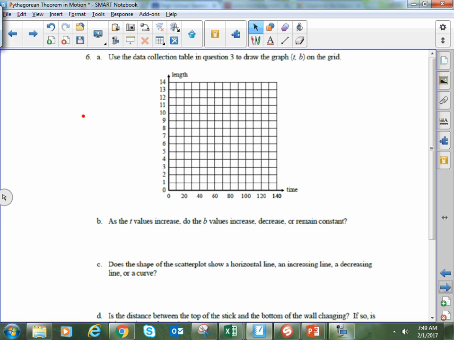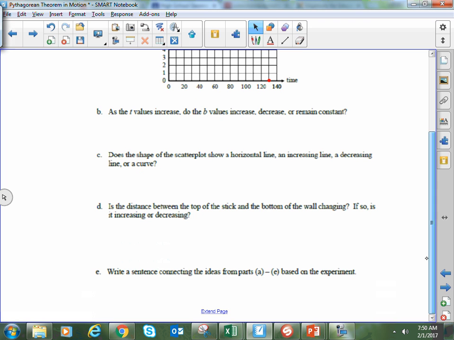Now we're looking at the data that we collected for side B of the triangle. And here, when we graph the information that we have, we see something that looks like this. It's decreasing over time. So as time increases, what happens to B?